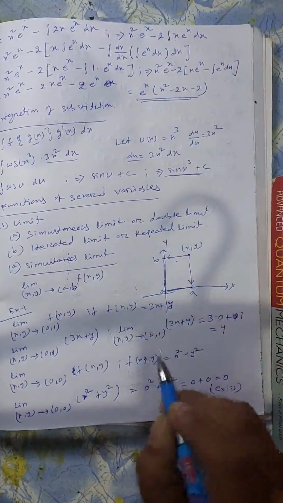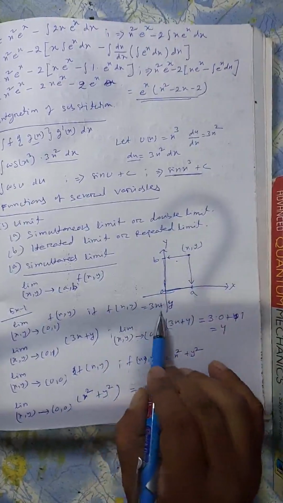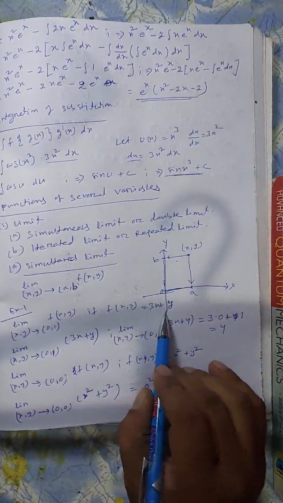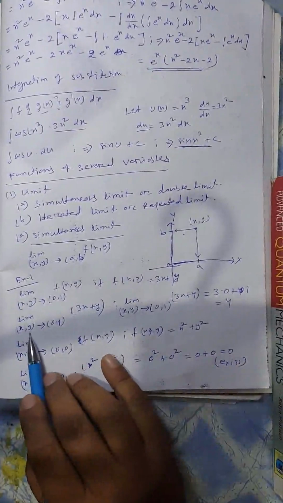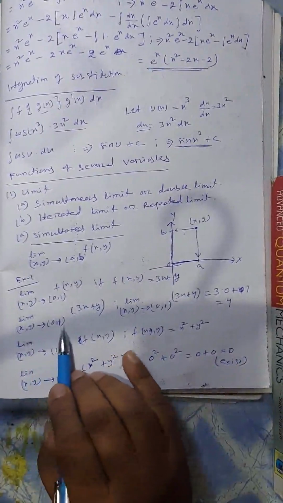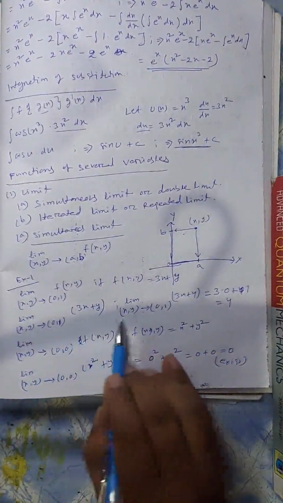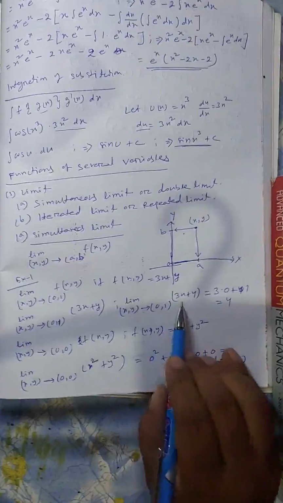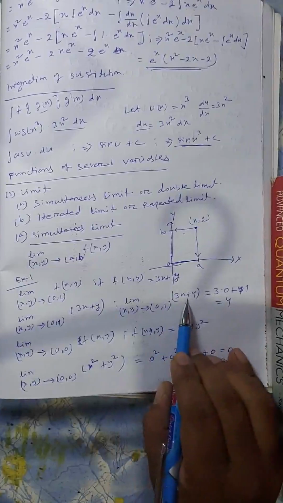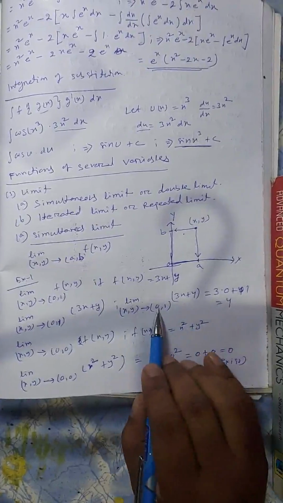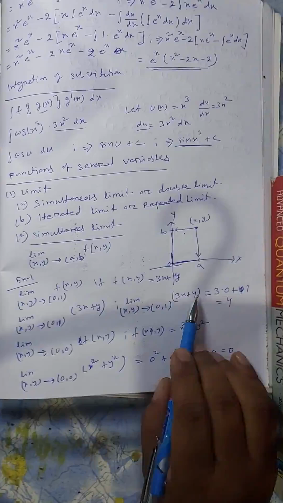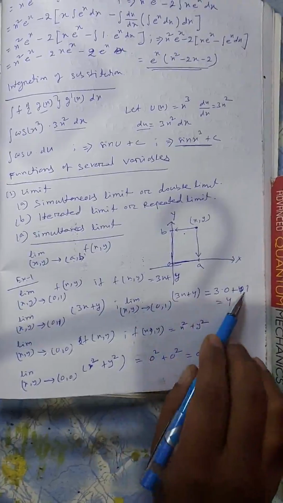If we take the function 3x plus y, limit (x,y) tends to (0,1) of 3x plus y: in place of x I put 0 because x tends to 0, plus y tends to 1, so I put 1.